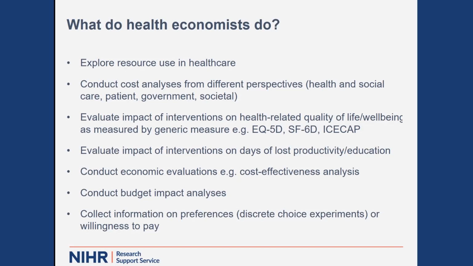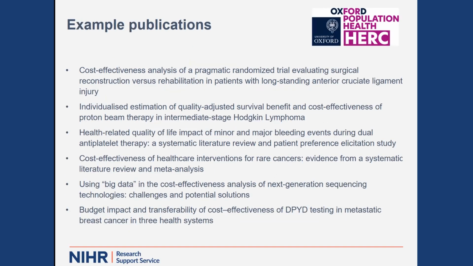And here's a few examples of publications from our group, ranging from cost effectiveness analyses alongside a clinical trial, estimating quality adjusted survival benefit and cost effectiveness, then looking at health related quality of life, some systematic reviews, patient preference elicitation studies, meta-analyses, and budget impact assessments.